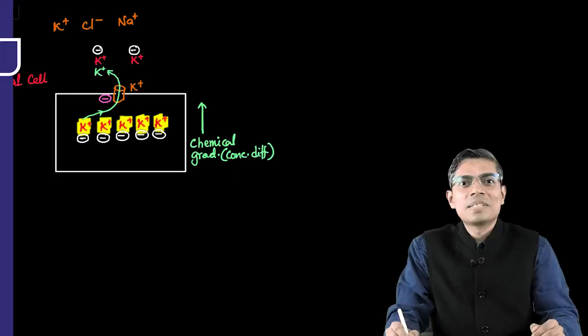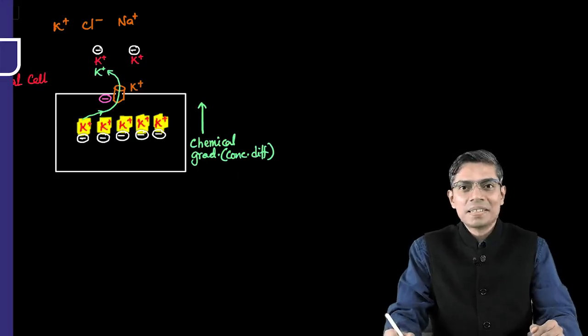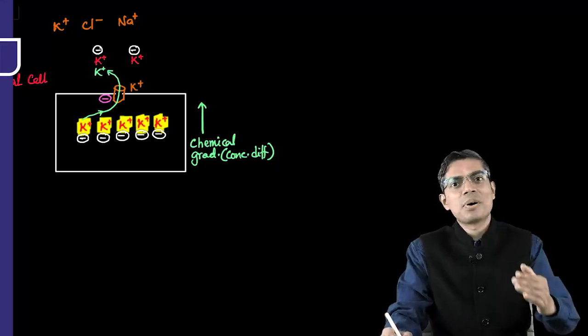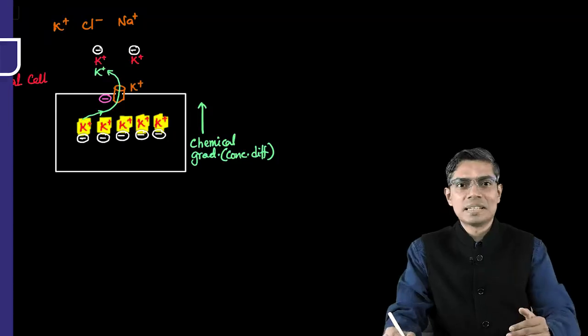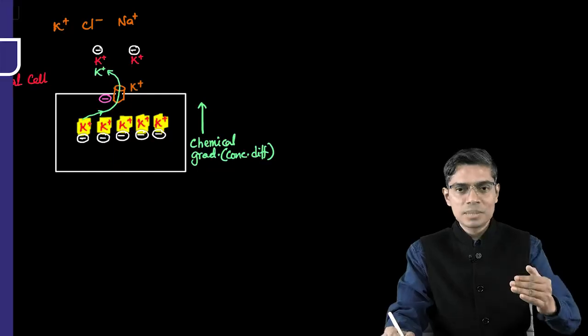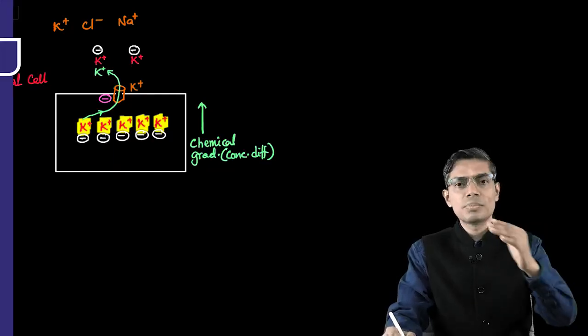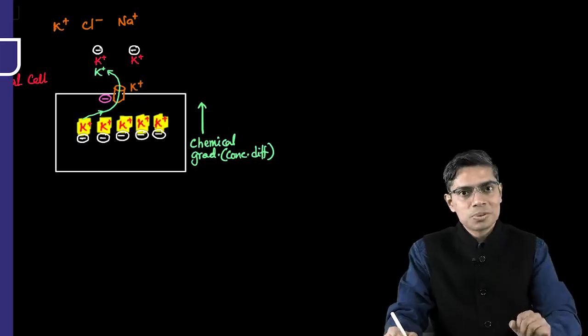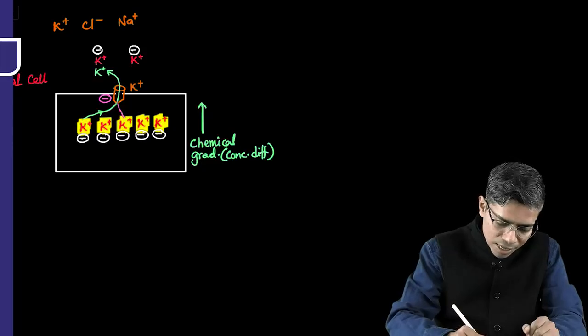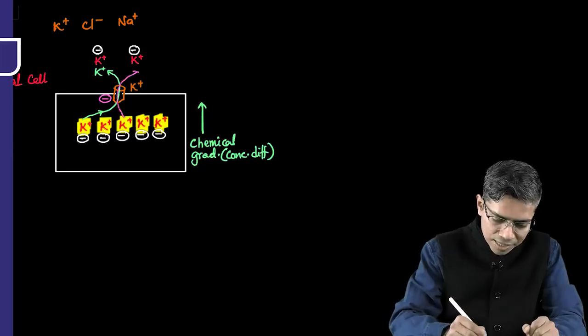Like for example, what happens in immigration, right? If your documents are not proper, you will be stopped there. And the same thing is happening for this negative charge. Negative charge is not allowed to pass through, but positive charge potassium is allowed to pass through because the channel is dedicated for it. So now I can understand more and more potassium is trying to pass through this channel.